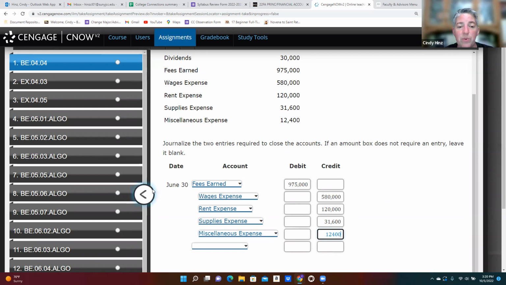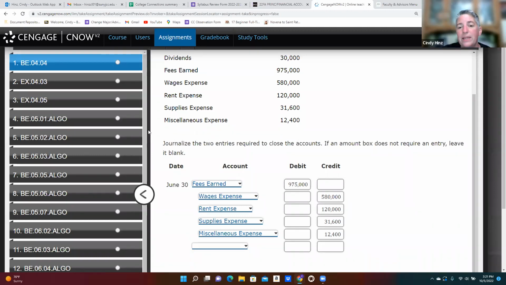So the entries that we put in, say on July 1st, because this is closing at the end of June, if it was a revenue or expense, it would be starting from 0. And that's how it should be for those temporary accounts.